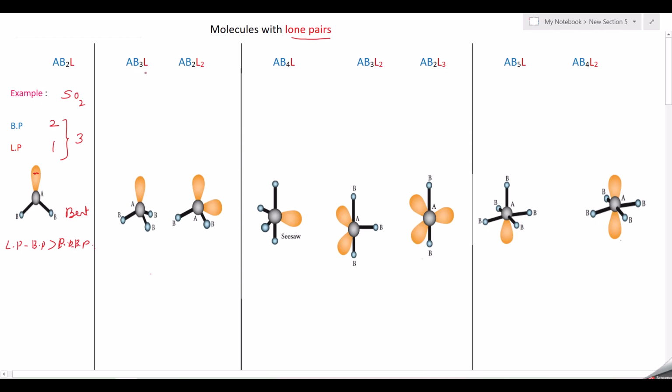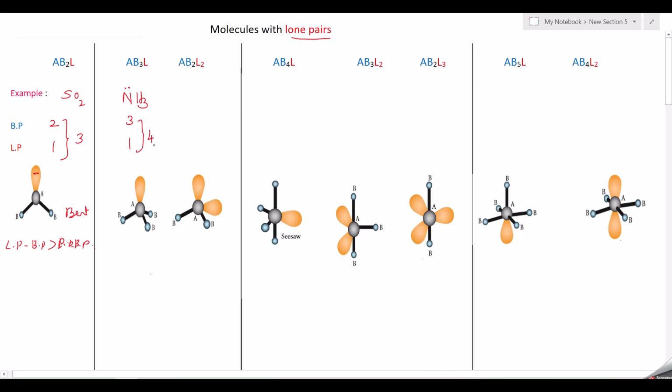Now next we will go to AB3L. An example for this one is ammonia, NH3, where nitrogen is the central atom and 3 hydrogen atoms are covalently bonded to nitrogen. So the number of bond pairs will be 3 and you have one lone pair of electrons, so 1. So totally we are getting 4 electron pairs.